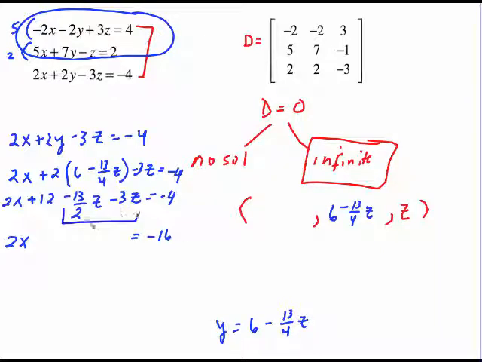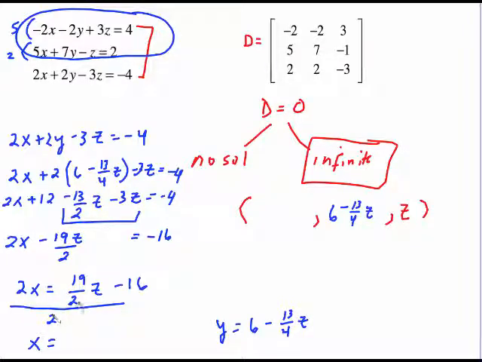These are like terms. You can use your calculator if you want. Type in negative 13 halves minus 3, or get a common denominator right here, and this will be minus 19z over 2. Solve this for x. So add 19 halves z, minus 16 over here. Finish solving by dividing everything by 2.